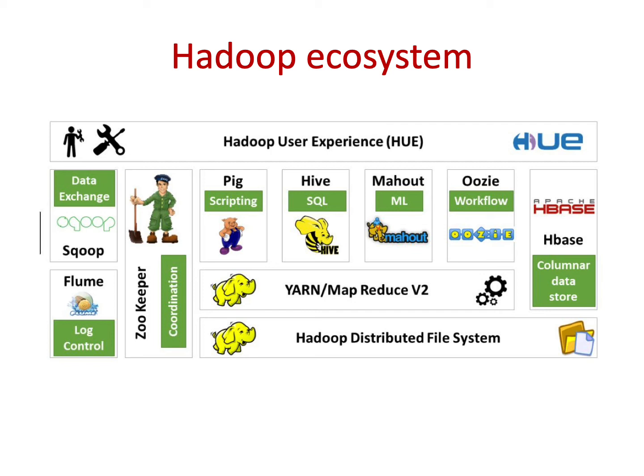And Hue, or Hadoop User Experience. Hue is a graphical user interface, a UI-based web interface. Using this Hue, we can perform queries, and we can also visualize the data using this component.